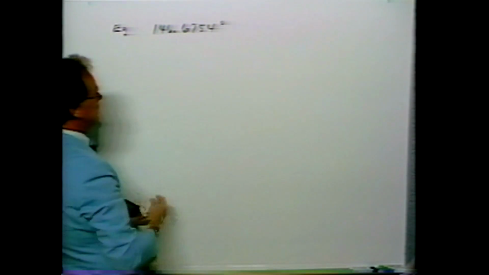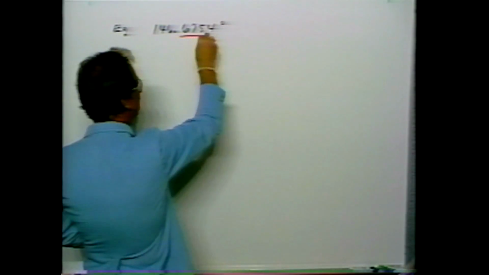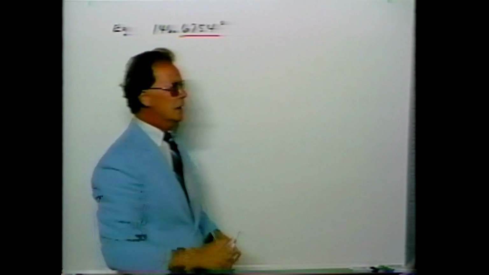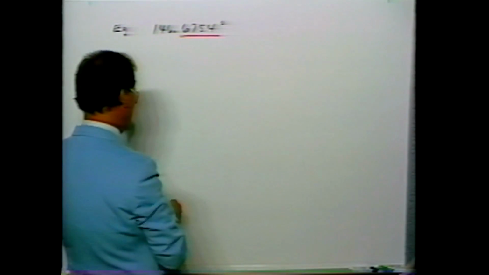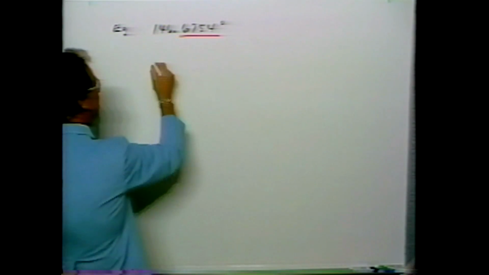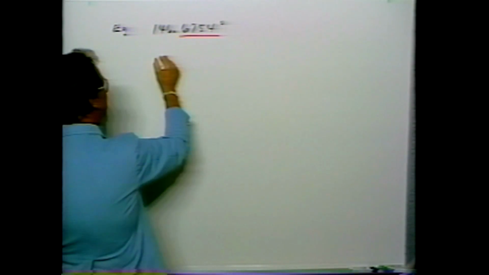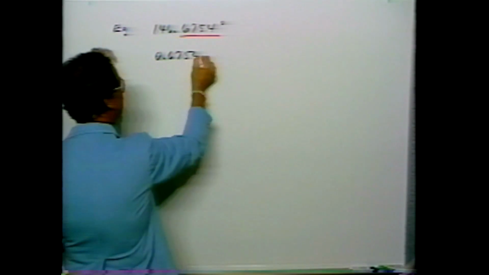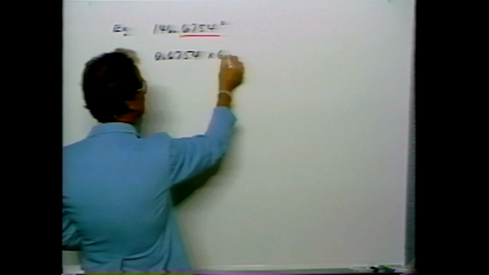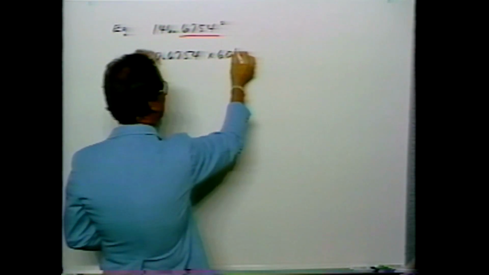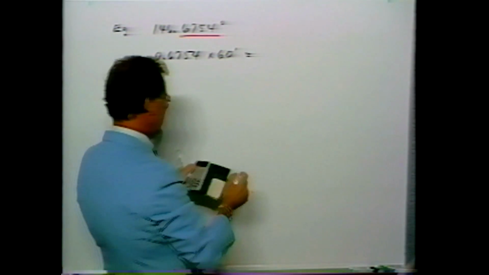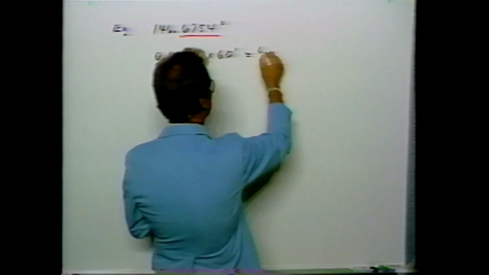Looking at the decimal portion of the degree, since there are 60 minutes in 1 degree, then this fraction of that amount will give you the number of minutes. So 0.6754 multiplied by 60 minutes using your calculator amounts to 40.524 minutes.